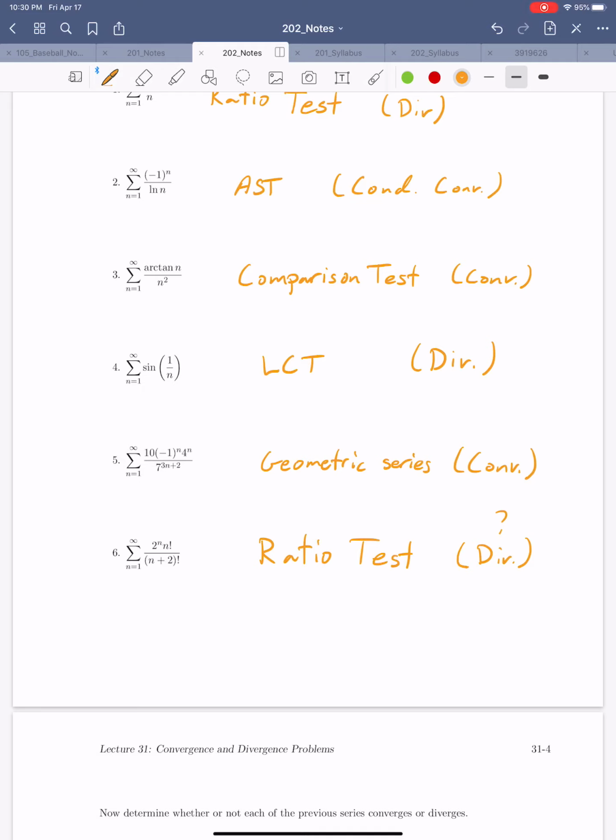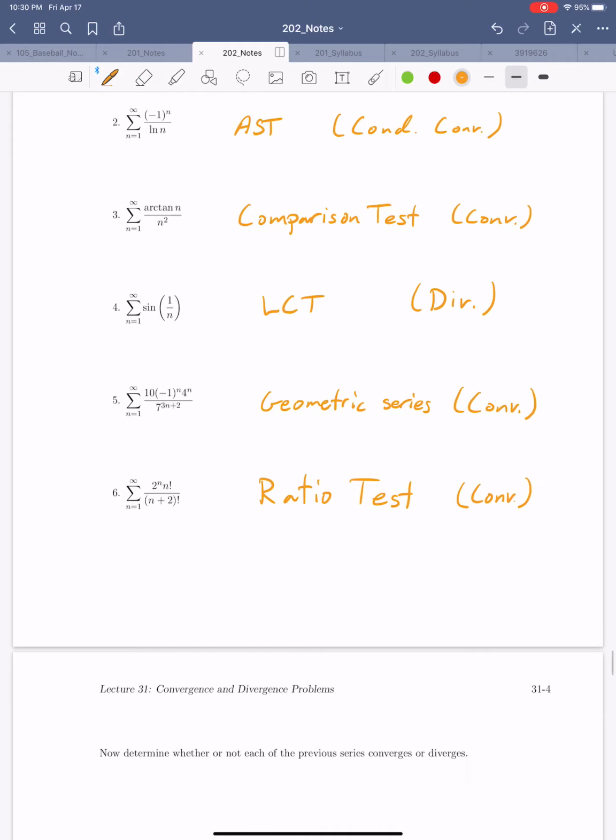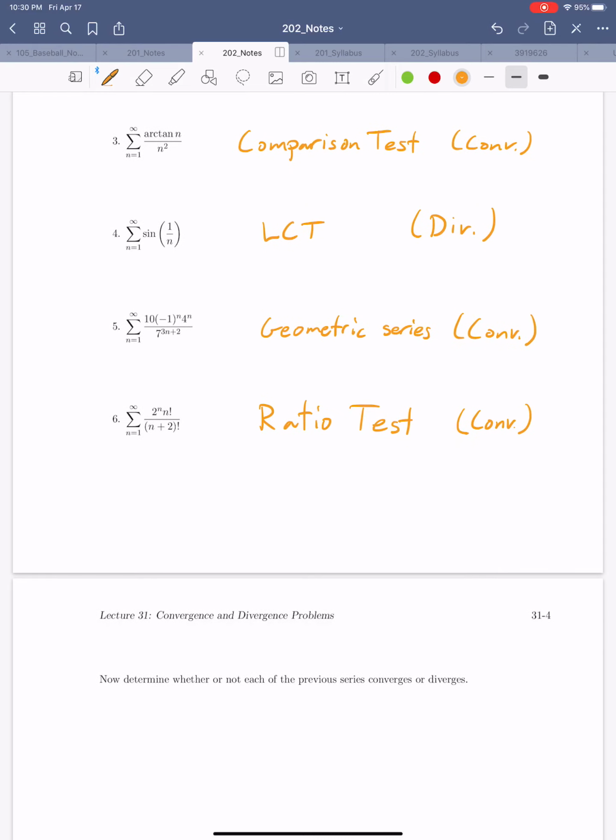No, I think it's actually going to converge. I lied. Right, try to prove me wrong on that one, but I believe this will, wait a minute. No, you can reduce that one. You can reduce that term by quite a bit, and it is, in fact, going to diverge. Sorry for that little hassle there. But again, this is not what you should be doing. You should just be seeing which test you can use, trying to gain some intuition, and then doing it all out.